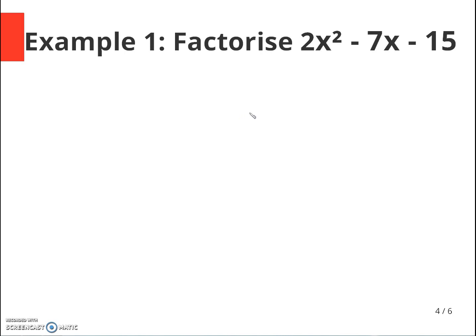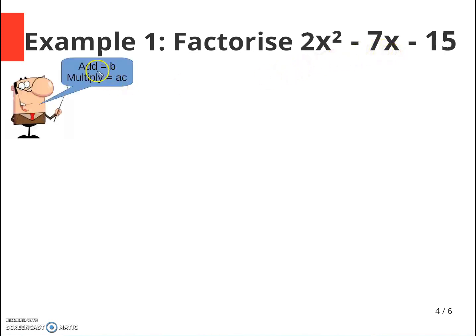So let's try this out. Example 1, let's try to factorize 2x squared take away 7x minus 15. Remember, the two numbers add to give b, and multiply to give a times c.